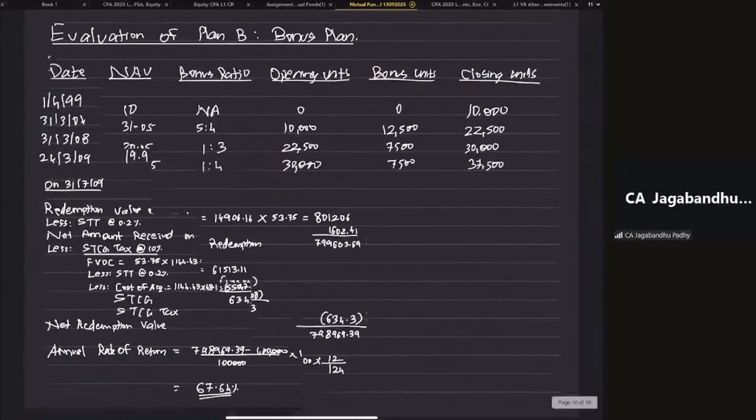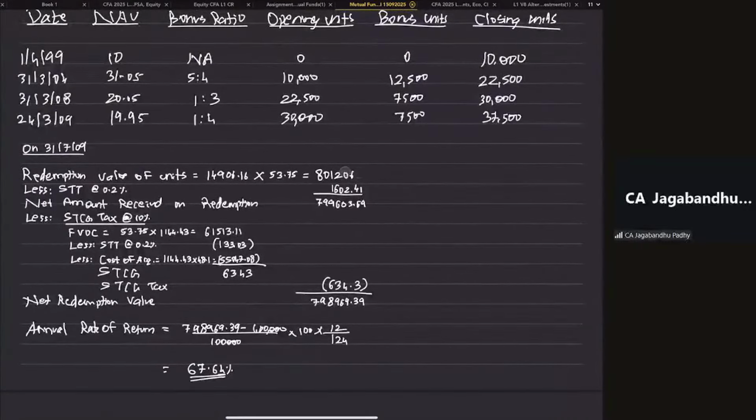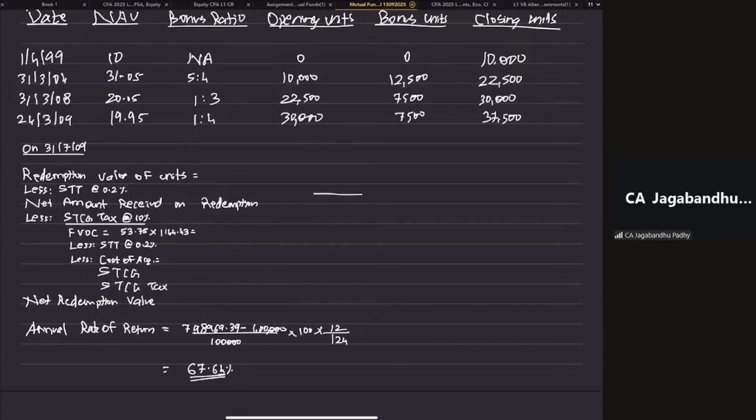We have redemption value of units to be calculated. From that, STT needs to be deducted. Then you get the net redemption value. Then again, the full value of consideration, cost of acquisition, STCG, all this calculation needs to be done, arriving at the net redemption value. And then finally, the annual rate of return needs to be computed.